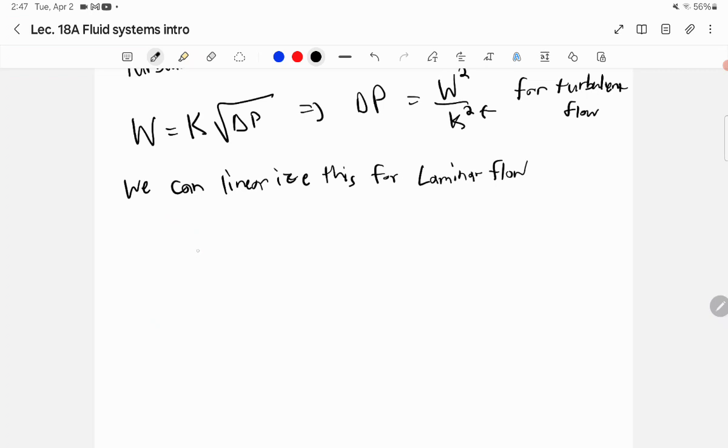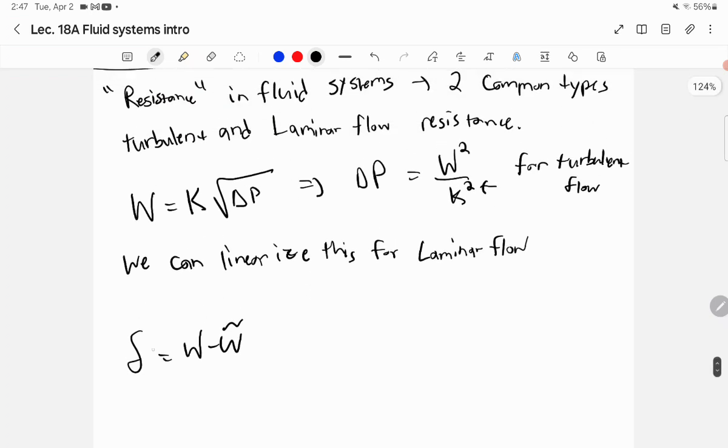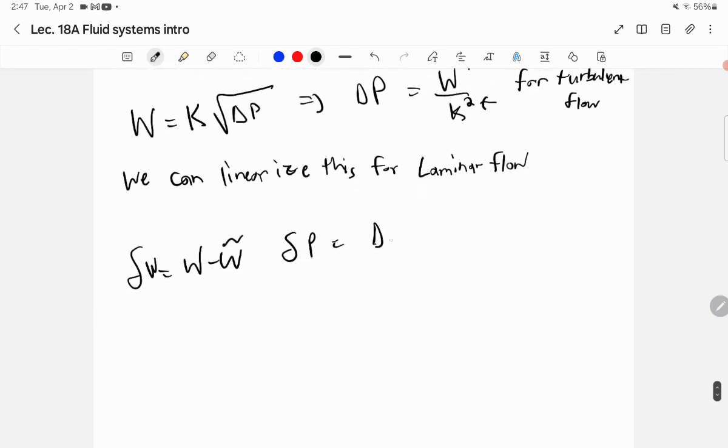So we can choose, say, delta w equal to w minus w tilde, and delta p equal to capital delta p minus capital delta p tilde.